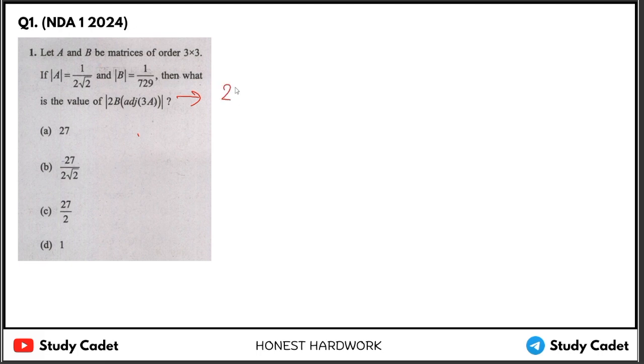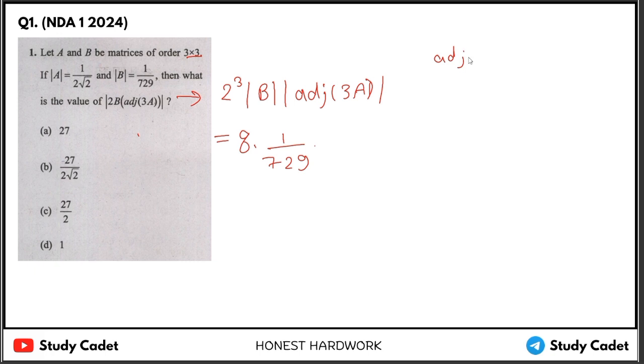This will become 2 cubed, since the order is 3, then determinant of B, then determinant of adjoint of 3A. 2 cubed is equal to 8, determinant of B is 1 upon 729, and for adjoint of 3A we know the property: determinant of adjoint of A is determinant of A to the power n minus 1.